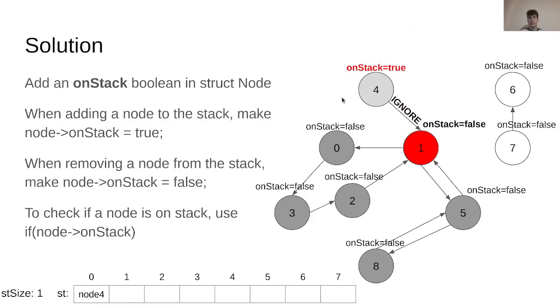So in order to implement this, one way is to add an on-stack boolean in the structure. Each node will have an on stack, which can be true or false. Since we visited all of them and they are no longer in the stack, they will be false, and only 4 will have on stack true.